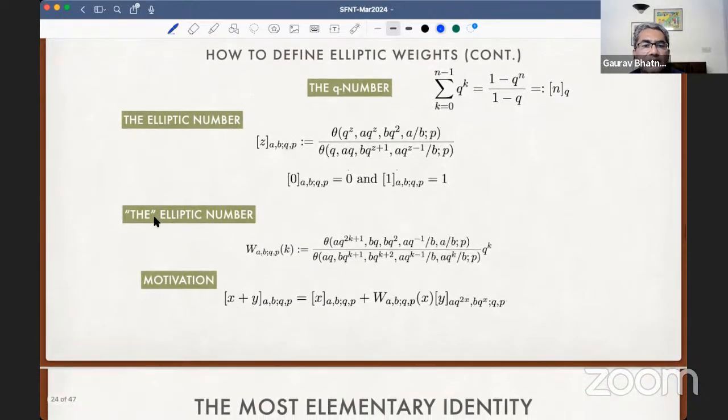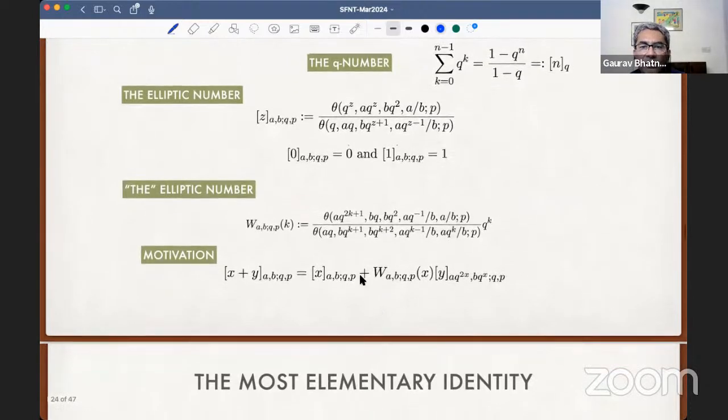And when I say the elliptic number, you could have some modifications in weights, but the motivation of these weights is that x plus y is equal to x plus w times y. So W is this weight. And then this identity comes straight from Weierstrass's three-term recurrence relation for theta functions.